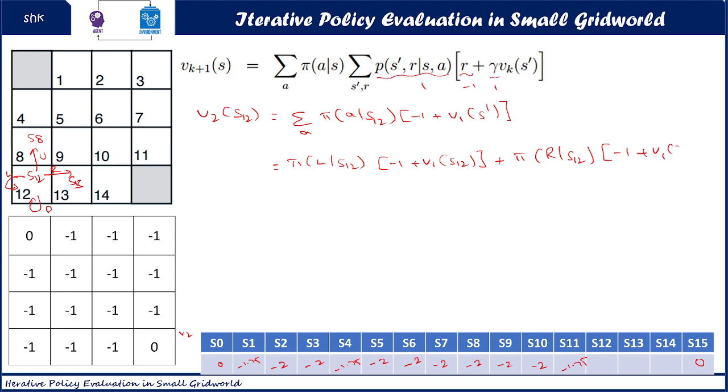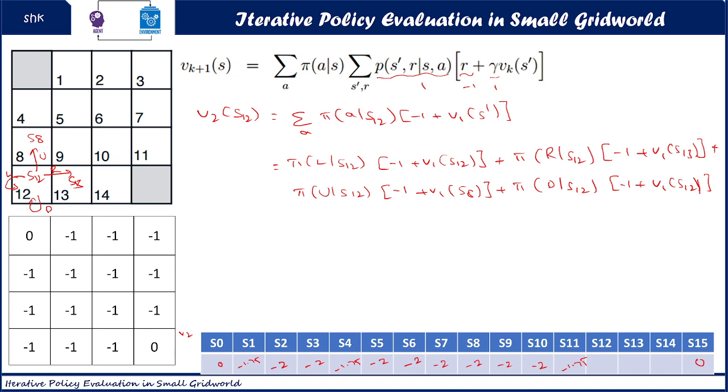What is the next state we are going to have? S13, plus the probability of up action from S12 state, minus 1 plus V1 of... For S12 up action, the next state is S8, plus the probability of down action from S12 state, the reward is minus 1, V1 of... When you take down action, we fall to the S12 state only.